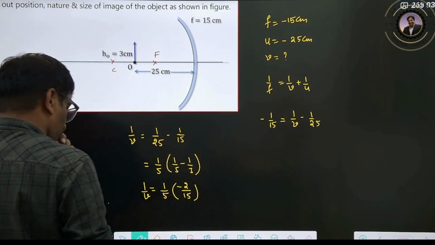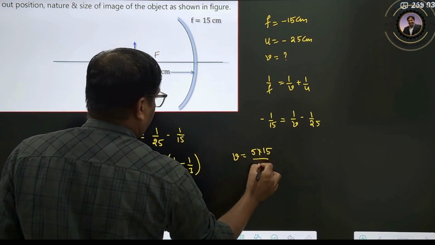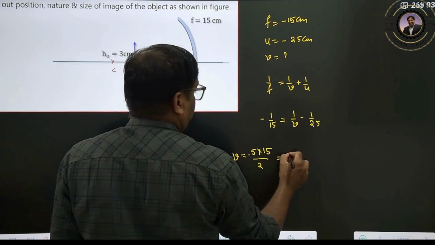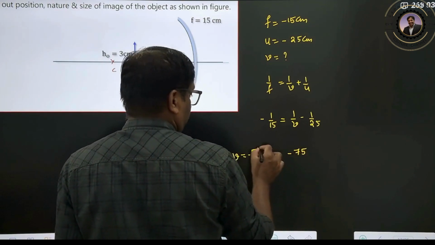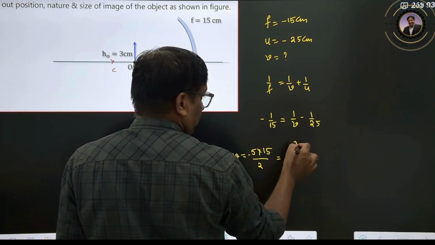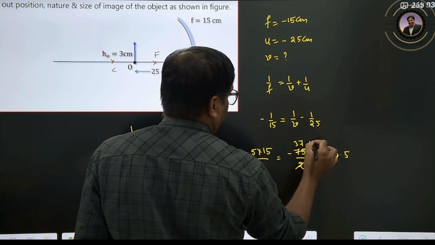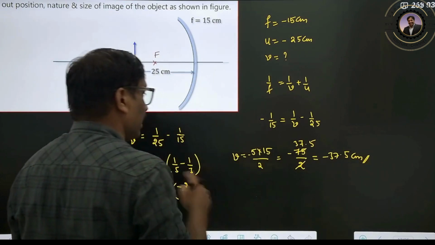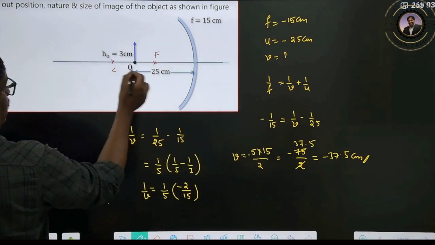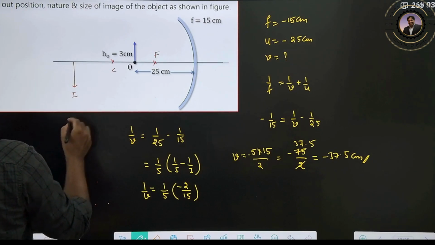Therefore v is equal to 5 into 15 divided by 2, so minus 75 by 2, nearly minus 37.5 centimeter. Where will the image be created now? This is 37.5, this is your image.